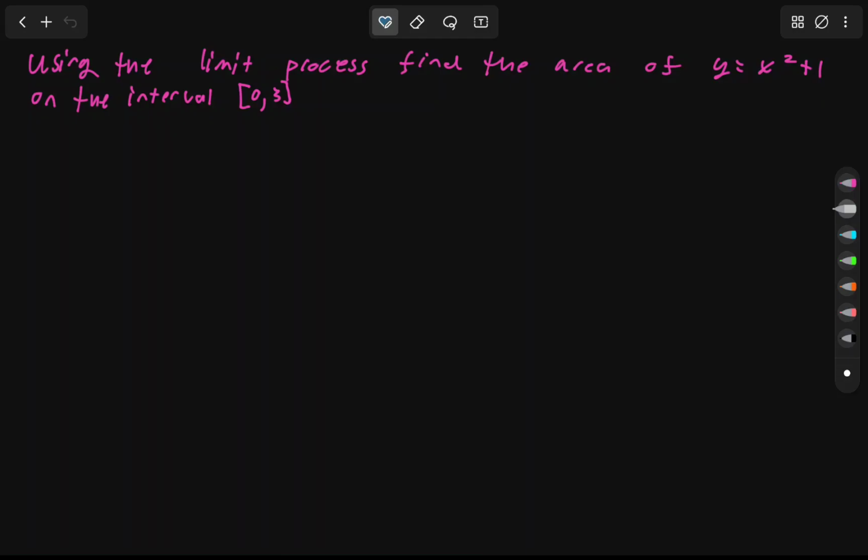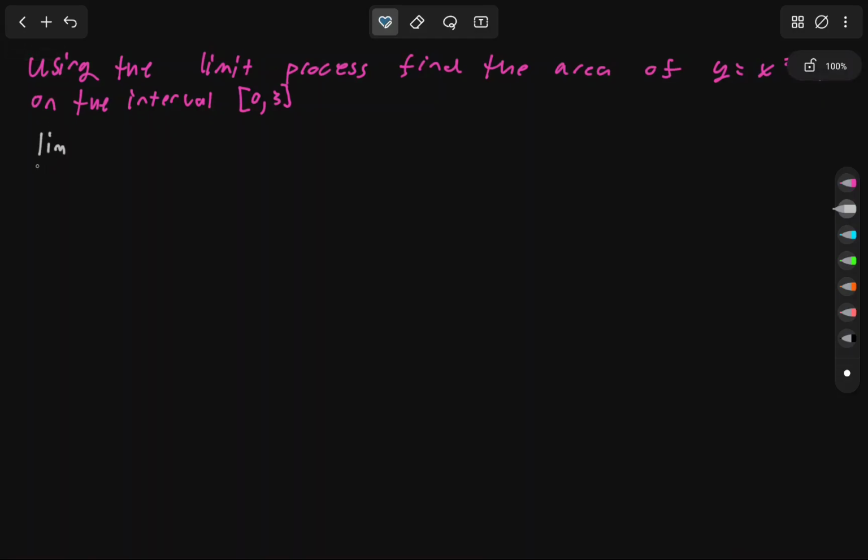Well, we're taking the limit as n approaches infinity of a sum from i equals 1 to n of f of x of i times the change in x. What is our change in x? We know change in x is equal to 3 minus 0 all over the amount of rectangles, which is n. So this is going to just be 3 divided by n.